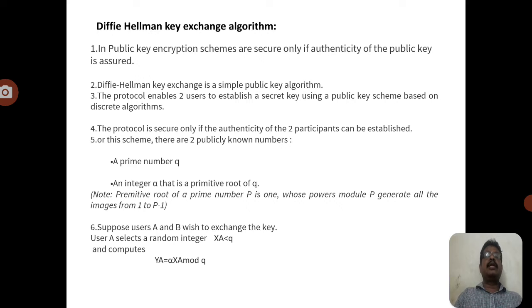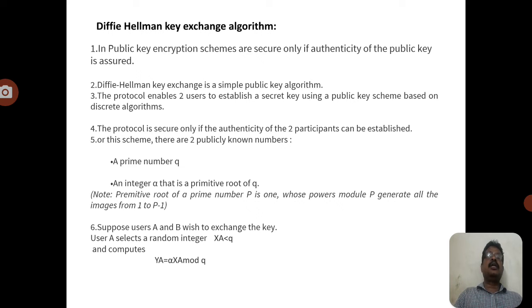Before I explain the Diffie-Hellman key exchange algorithm, first we need to identify what a public key crypto system is. These are three different names: public key crypto system, two key crypto system, or asymmetric key crypto system.